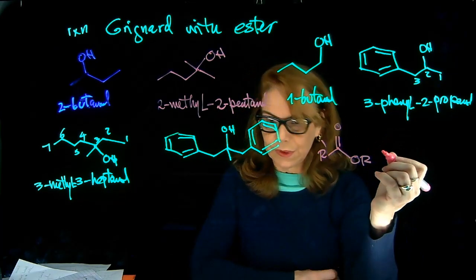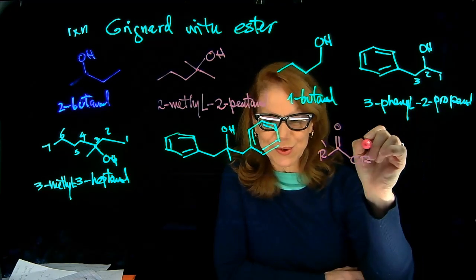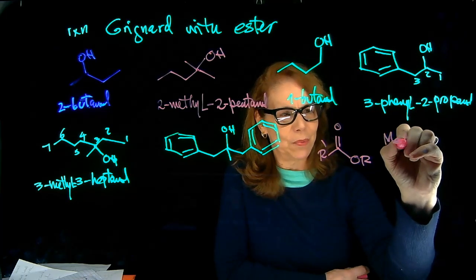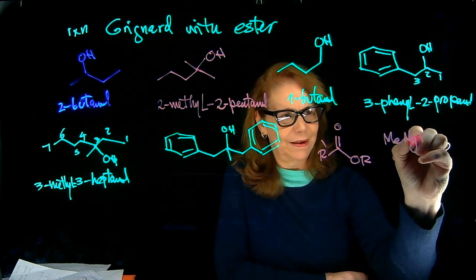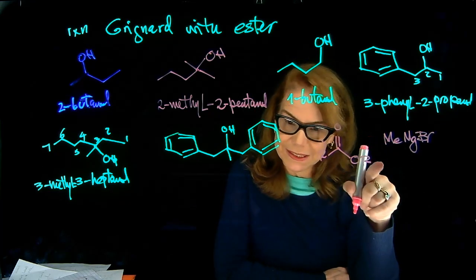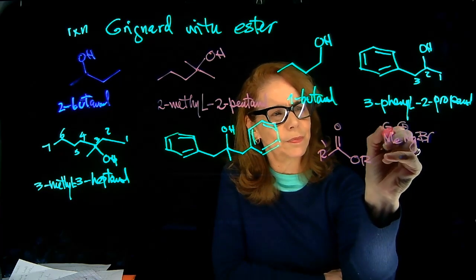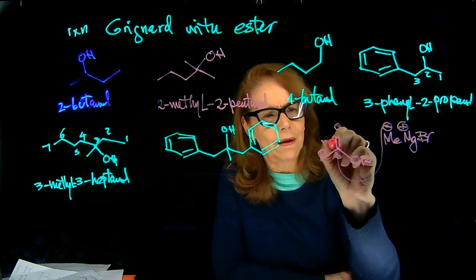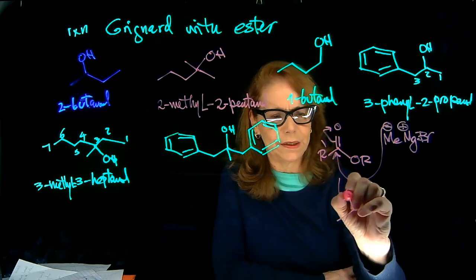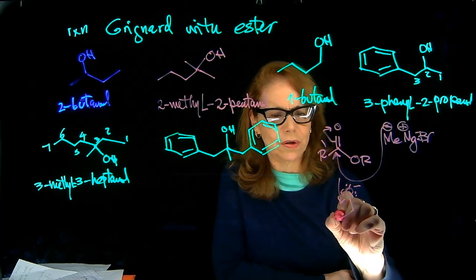When you're reacting with a Grignard, I don't want to use so many R's, so let's do methyl magnesium bromide, which we know we prepare from the halide and the magnesium in dry ether. All right, so now you're going to say this is polarized this way. You have nucleophilic attack. You will form an intermediate that will have this negative charge.